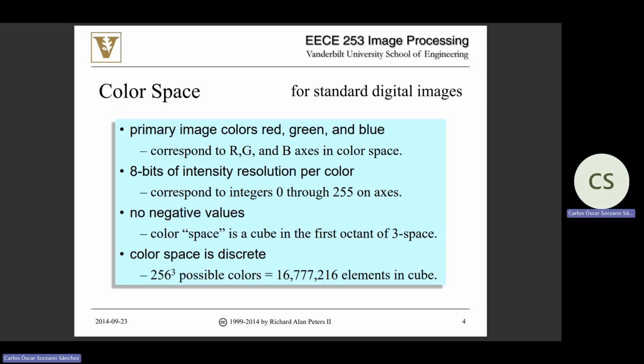So you have 256 different colors. And because you have 3 of those, you can represent up to 256 to the third power number of colors. So that is 16 million colors. So with 3 bytes, you can represent this many colors.